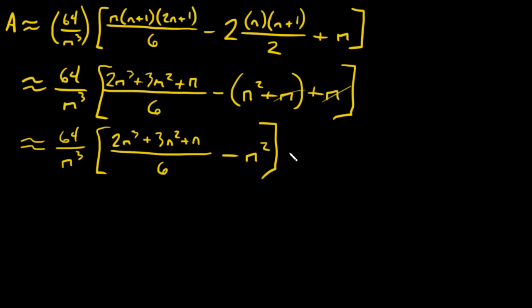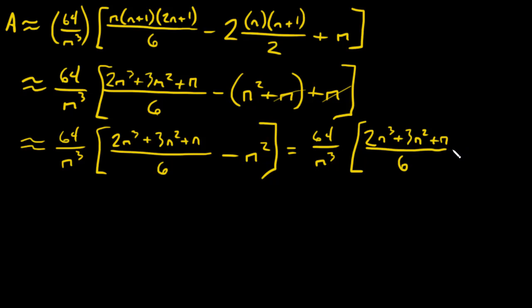All right, I can now, if I want, do a common denominator, because that's not too bad of an adjustment. So this is going to be 64 over n cubed times 2n cubed plus 3n squared plus n over 6 minus 6n squared over 6. All I did was make a common denominator so I can now subtract them.